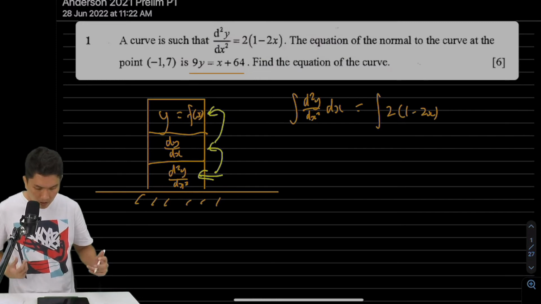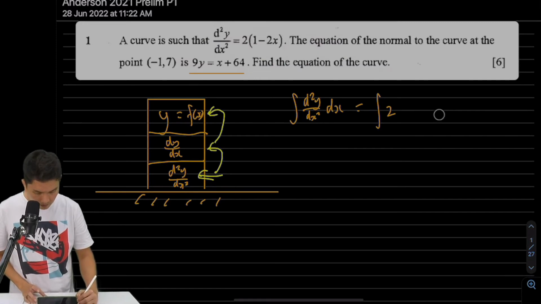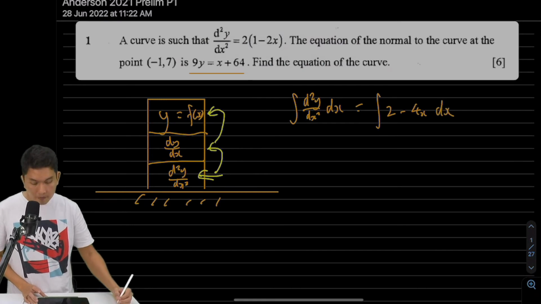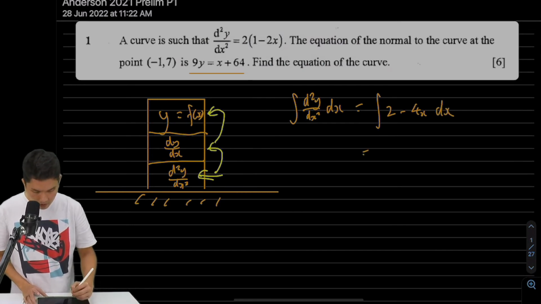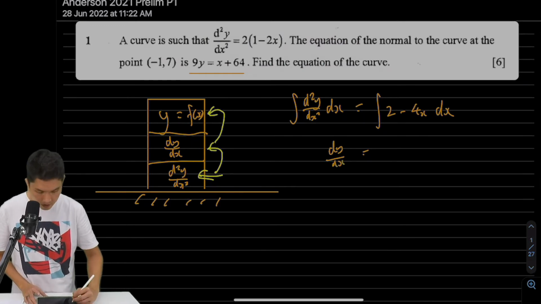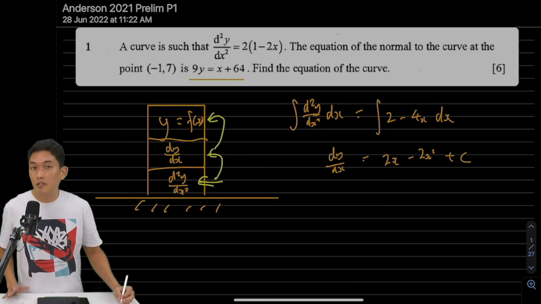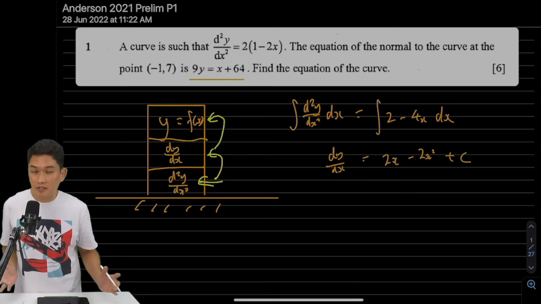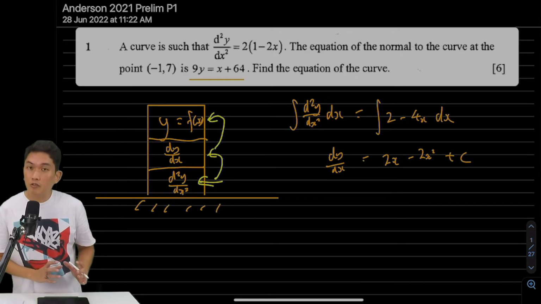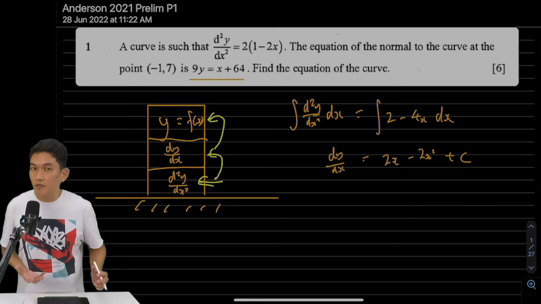So that's 2 minus 4x. This is a lot easier to integrate for me. All right. So on the left hand side, this becomes dy dx. On the right hand side, we're going to get 2x minus 2x squared plus c. So this c is the problem because I have no idea what c is. But there are some clues in the question which can help me solve for c.